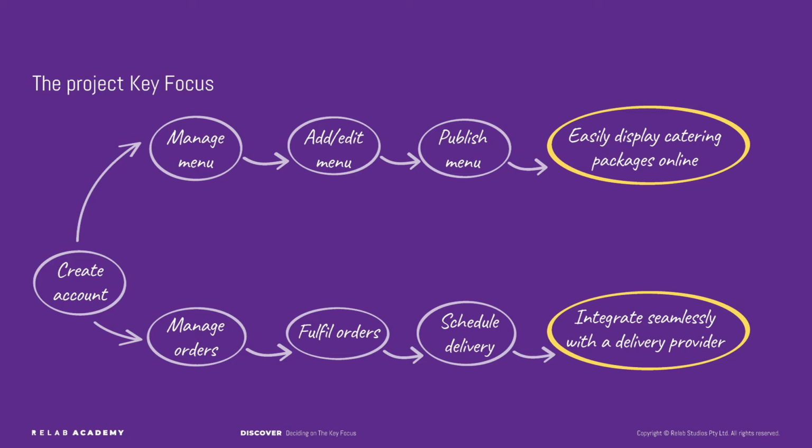And Olive, our user, will be able to manage her orders, fulfill orders, schedule delivery, and seamlessly integrate with the delivery provider. By doing those things right, I'm sure that no one else is doing that at the moment in the market, so my product is going to be unique. So this is the main focus that's going to lead me to focus further on the solution that I or my team may be able to come up with in the next process.